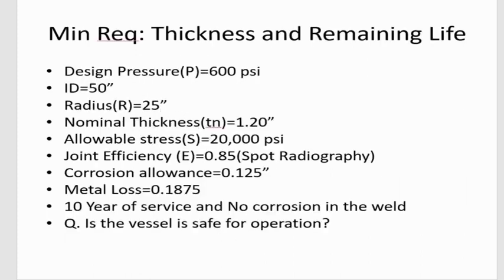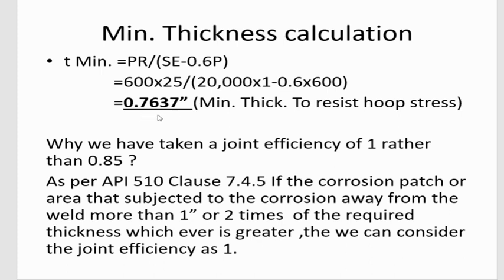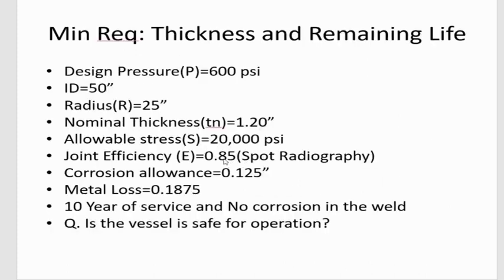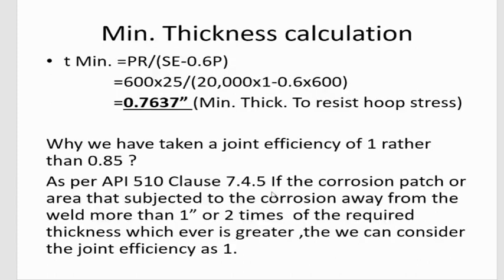That means 0.7637 inches is the minimum thickness that is required to resist the hoop stress. In our case, we have taken a joint efficiency of 1 rather than 0.85 that is given in our question.